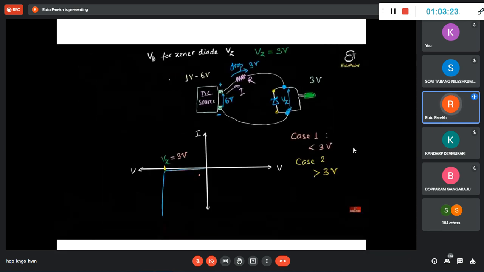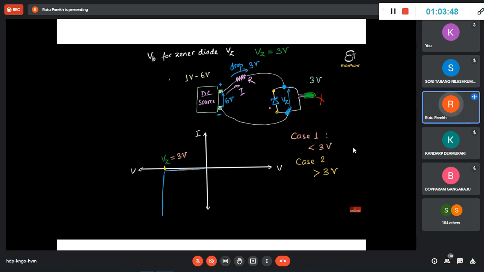So the point here is, now let's say we take 6 volt. If the Zener were not there and we gave 6 volt directly, the LED would get destroyed. But now the Zener is there and you are giving 6 volt. So what will happen?